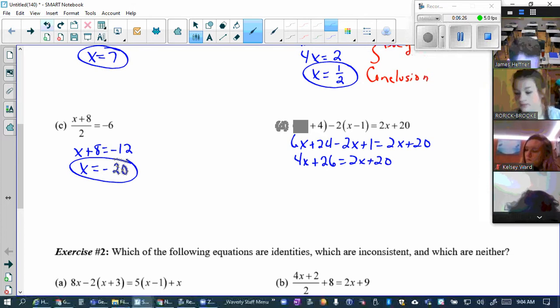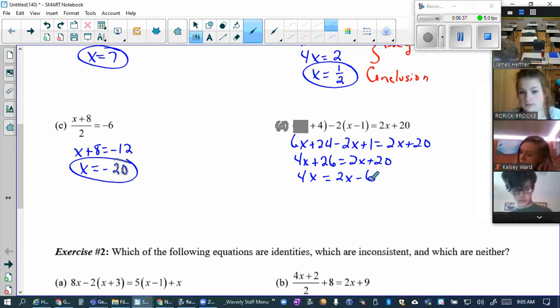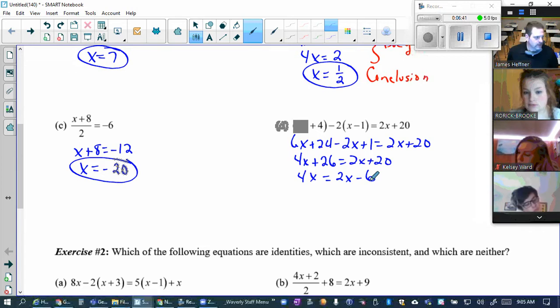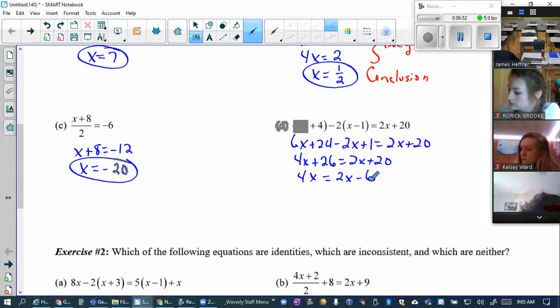Okay, you subtracted 26 from both sides, so now you have 4x equals 2x minus 6. We want all the variables on one side, so how are you going to get the 2x over? Subtract it from both sides, yep, and then they'll all be on one side. Exactly right.